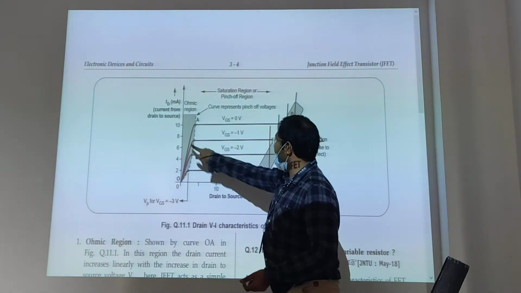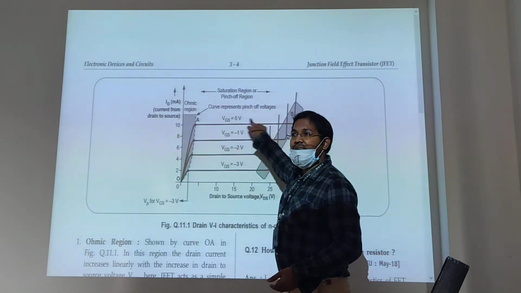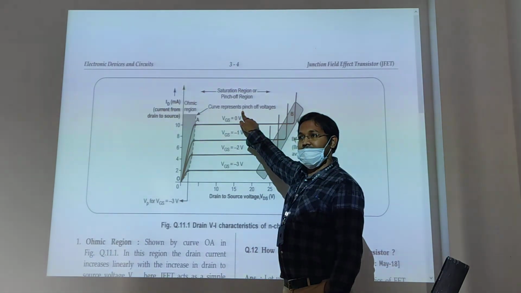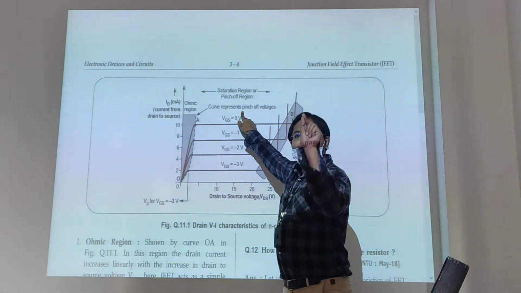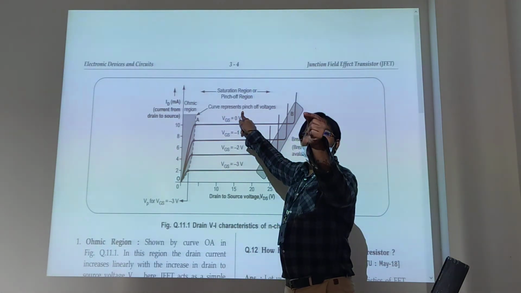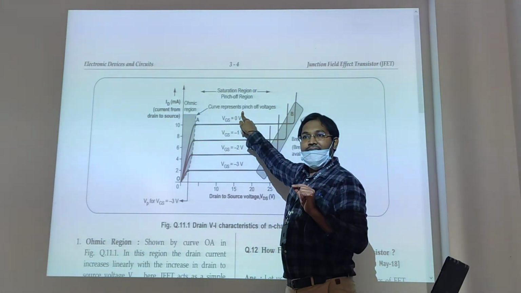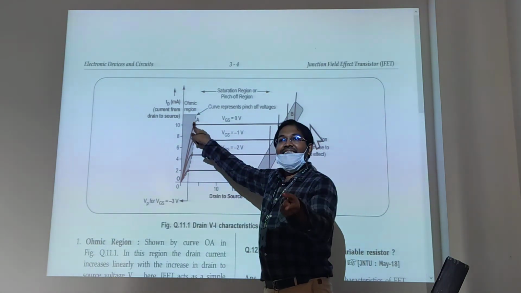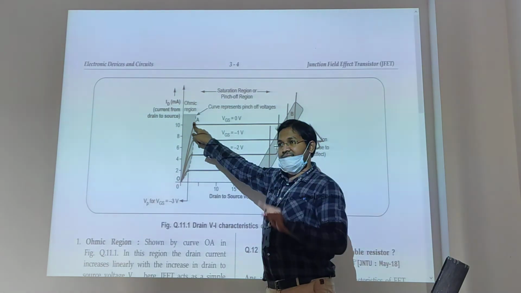That is the reason I am taking only the top graph. It is for VGS 0, right? When VGS is 0, the maximum current you get is IDSS. So can we call this corresponding current as IDSS? Yes.